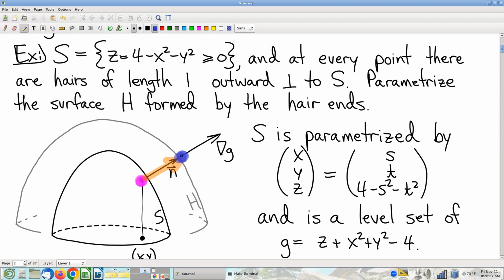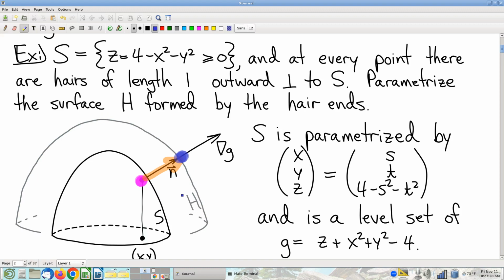So I can think of the surface that I'm actually interested in here, the outer part of the hair surface, if you will, as being a sum of two vectors. There's a vector describing this purple point on the surface, and then there's a vector describing the moving direction, in the perpendicular direction by distance 1. So I'm going to understand the dark blue point by just writing down a formula for purple and a formula for orange and adding them up.